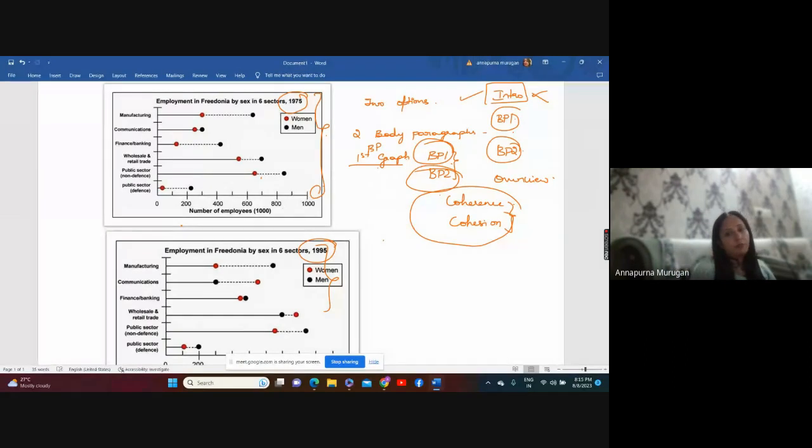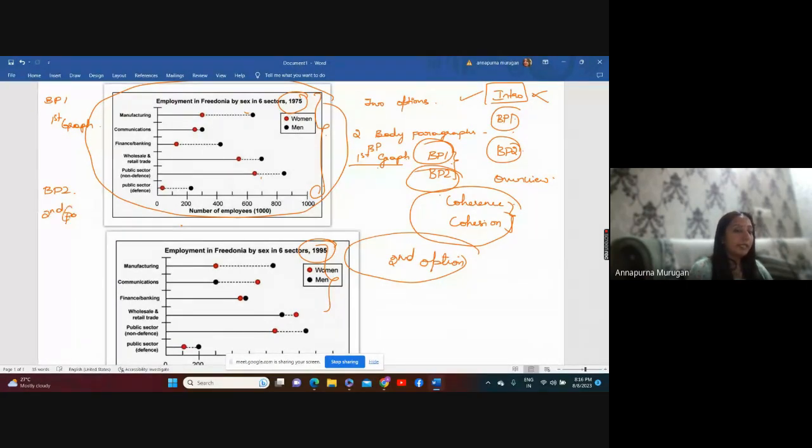My second option I will come to shortly. See, my first option is to tell whatever is given in 1975, the first graph: you describe it in body paragraph one. In body paragraph two, describe the second graph. It's a simple thing.